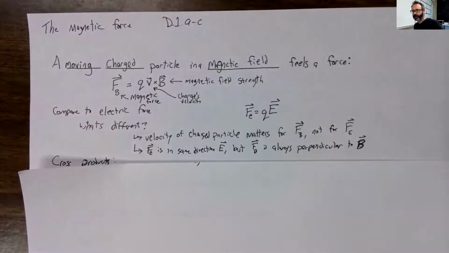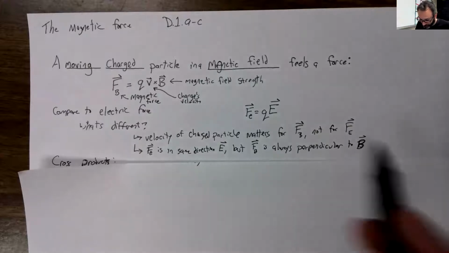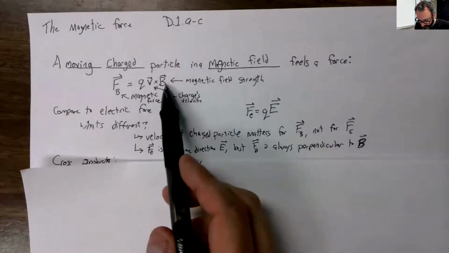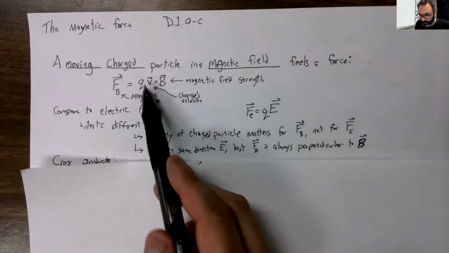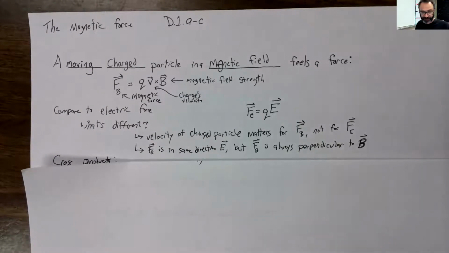Okay. So while an electric field is just going to produce an electric force in the direction of the field, a magnetic field's a little bit more complicated. The magnetic force is always going to be perpendicular to the magnetic field. And as we'll see when we look at the definition of a cross product, it's also going to be perpendicular to the velocity, to the direction that the charge is moving.